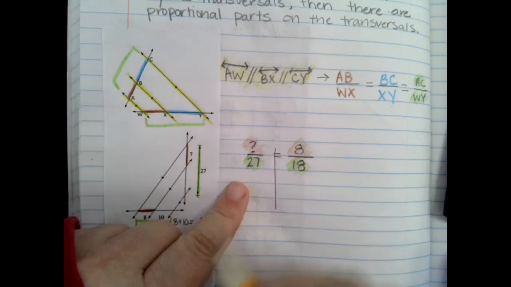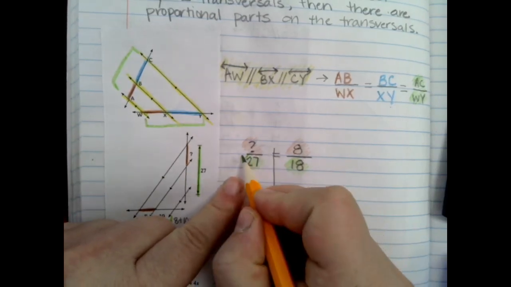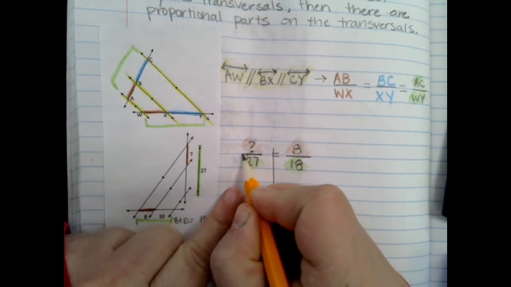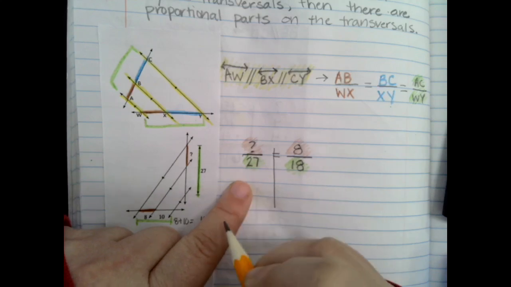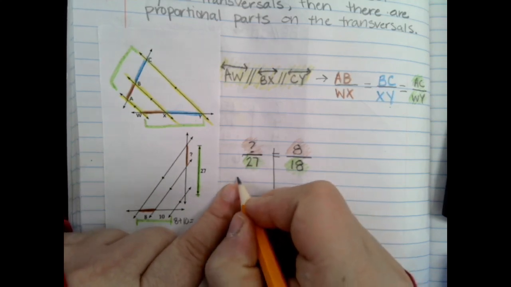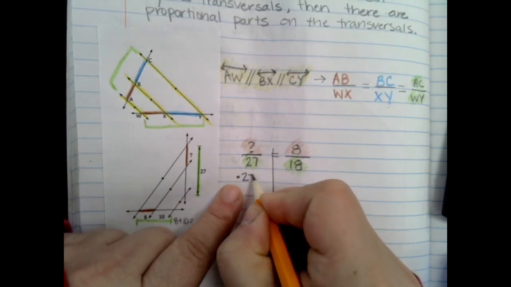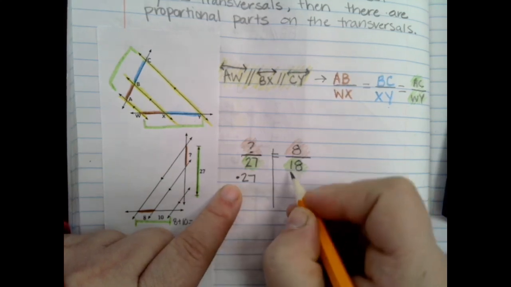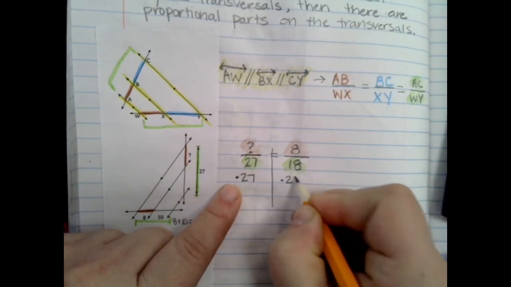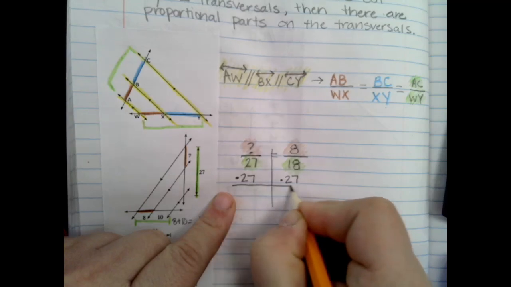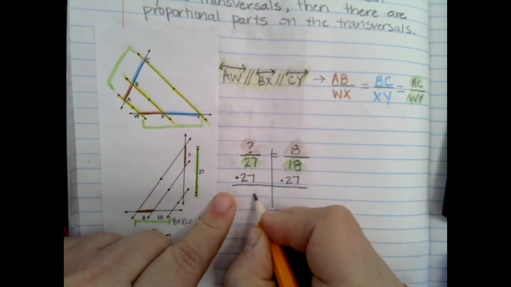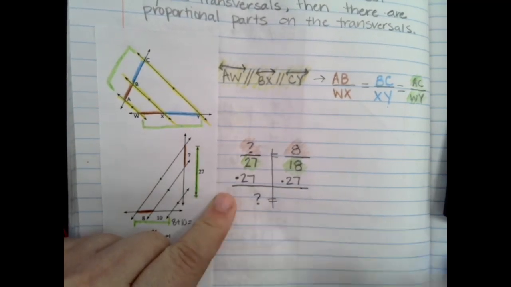This line means we're doing what? This is our division line. So to undo division, we multiply. If we multiply one side, multiply the other side. On the left side here, that just undoes the 27, and we're left with a question mark equals.